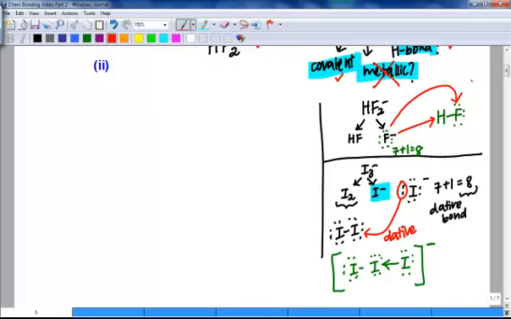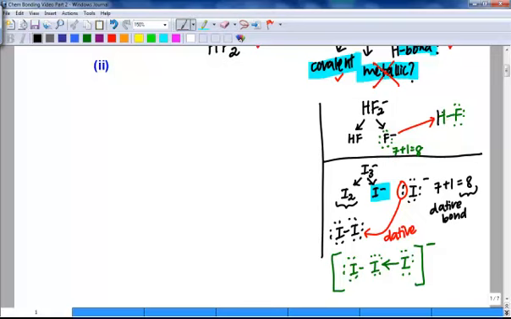Well, you need to ask yourself, which atom will ultimately be the central atom? Of course, it must be hydrogen, because hydrogen is less electronegative. We know that the less electronegative atom will be the central atom. So in this case, a dative bond to the hydrogen atom.